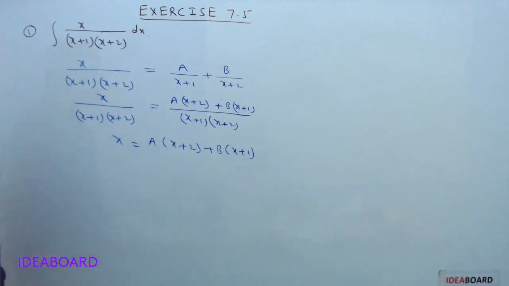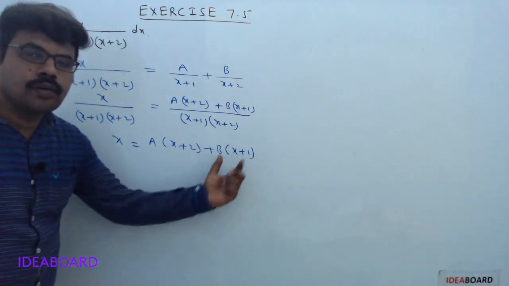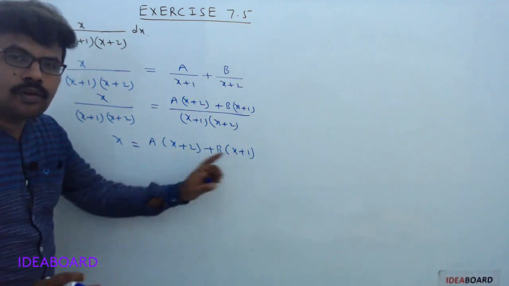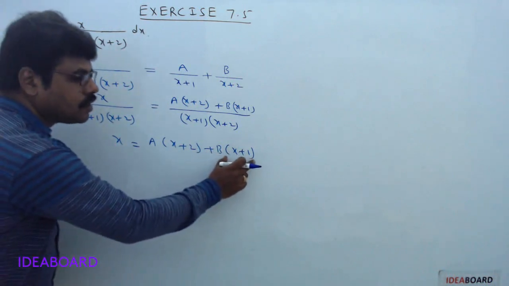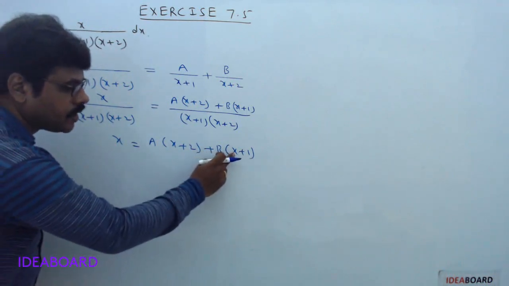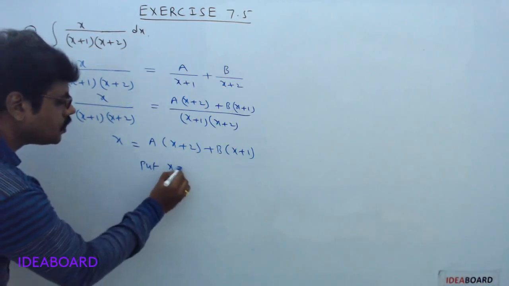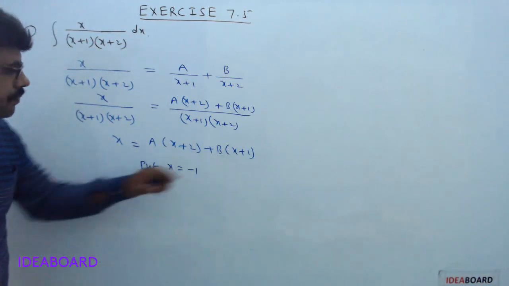To calculate the value of a, make the other term 0. Now how to make this term 0? By substituting x equal to minus 1. So write down x equal to minus 1.